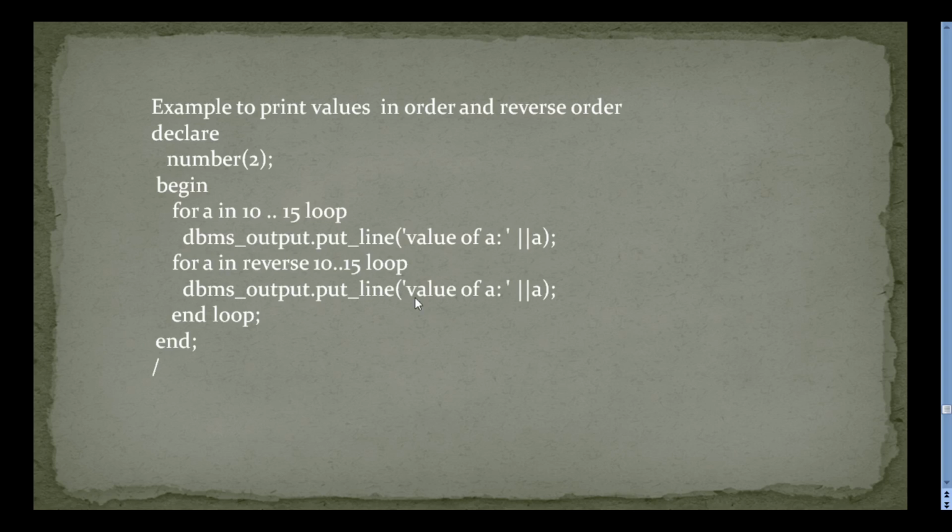If you want to print those values in reverse order, it's very simple: just put the reverse keyword, with no need to change the higher limit and lower limit. Then it takes the values from the upper limit to the lower limit. In the absence of the reverse keyword, it takes the values from the lower limit to the higher limit.